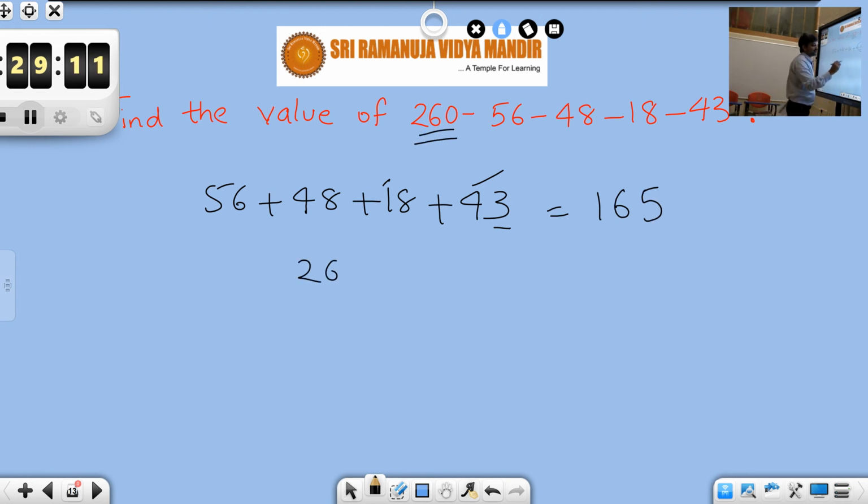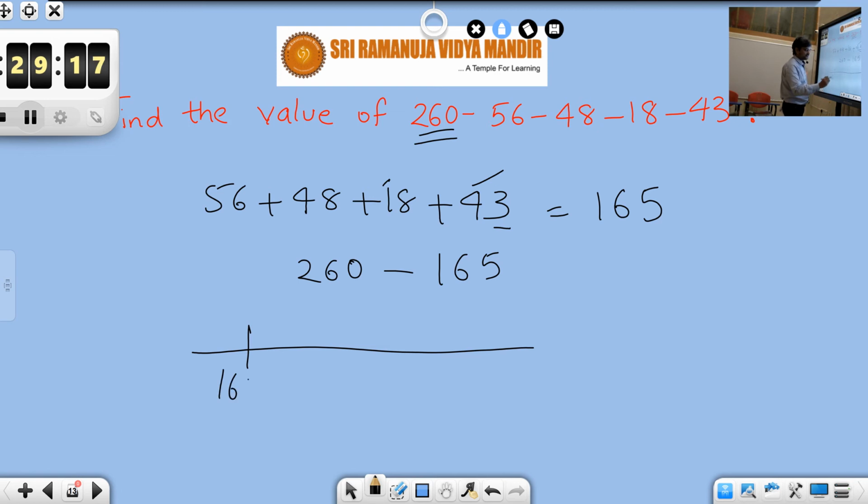So we need to subtract 165 from 260. Again use your straight line method. This is 165, our starting point, and we need to reach the point numbered 260. So how would we reach that point? First match the units digit. We need to move 5 units towards the right.